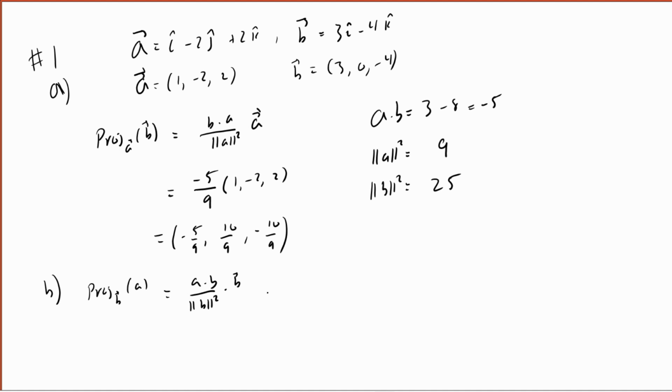Anyways, so this is minus 5 over 25 times my B vector. That cancels out to negative 1/5. So I have minus 3 over 5, 0, 4 over 5.